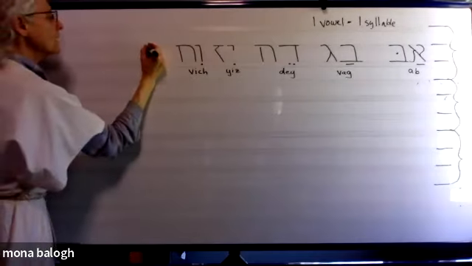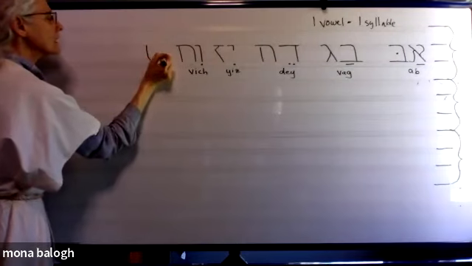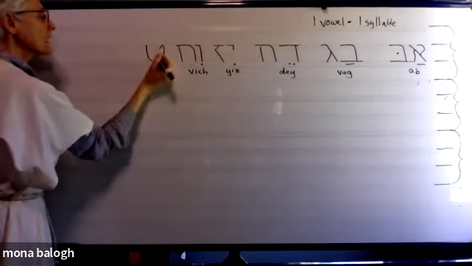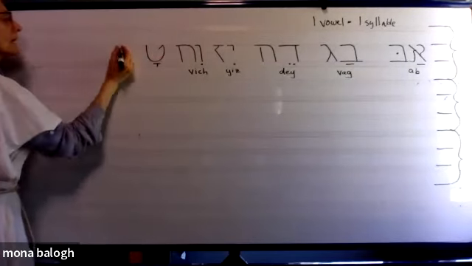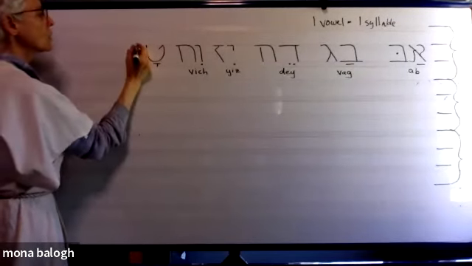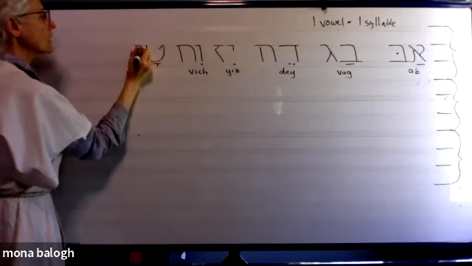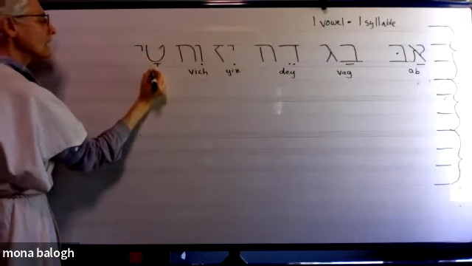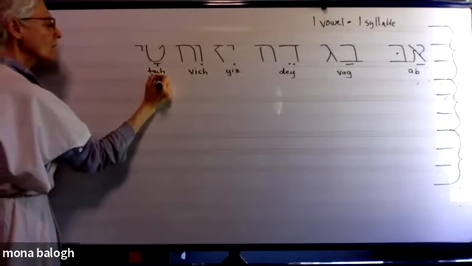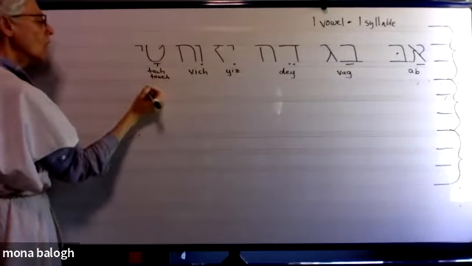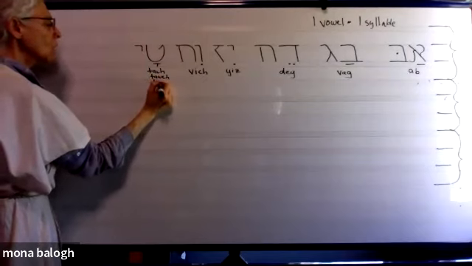Okay, let's do tet, and let's do a kamatz. I take yud. Now I'm supposed to put the yud in. Tach, or if it's an aw, it's toch, or if it's an o, it's toch.